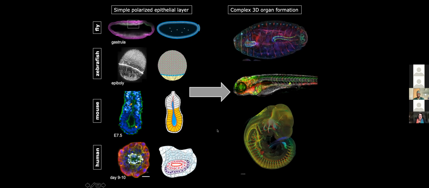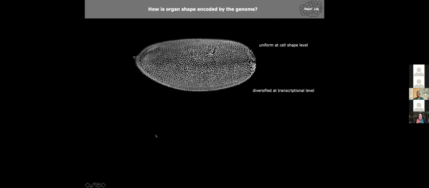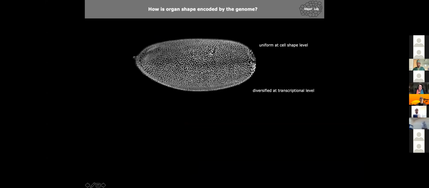And so what my lab in particular wants to understand is how organ shape is encoded by the genome. The initial epithelium of a fly embryo shown here is very uniform when we look at the shapes of cells. So you see nuclei here at the moment. But then this embryo is already very quickly diversified transcriptionally.